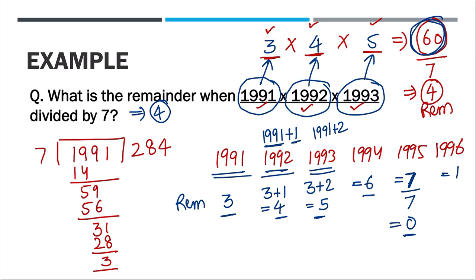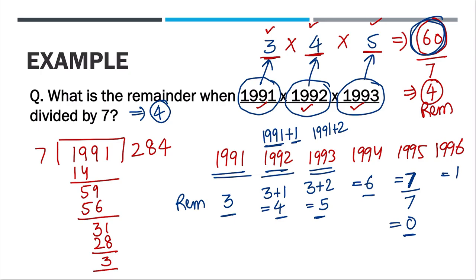As I have shown you, in case of 1991, we had a remainder of 3. Then 1992, that is 1 more, will have a remainder of 1 more, 4, 5, 6. When we got the remainder as 7, we know 7 is already divided by itself, so that will give us 0. And if you note here, what we have learned in the negative remainder part, as I told you, we can write that 7 as 0 as well.